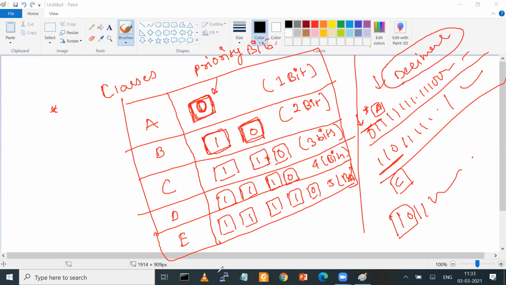Priority bits or leading bits help us identify our class if the IP address is given in binary format. It's very easy if you have a correct idea about priority bits, because they help us identify this whole range.